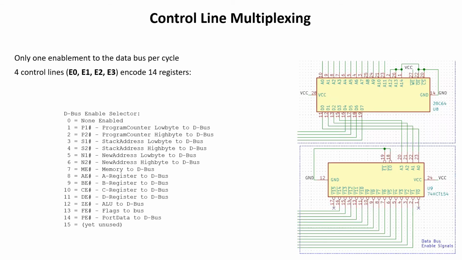This is done by just taking the 4 enablement bits and driving them through a demultiplexer, in this case an HCT 154, which maps 4 input bits into 16 output bits, and I use those to control which register has write access to the data bus at a certain point in time.